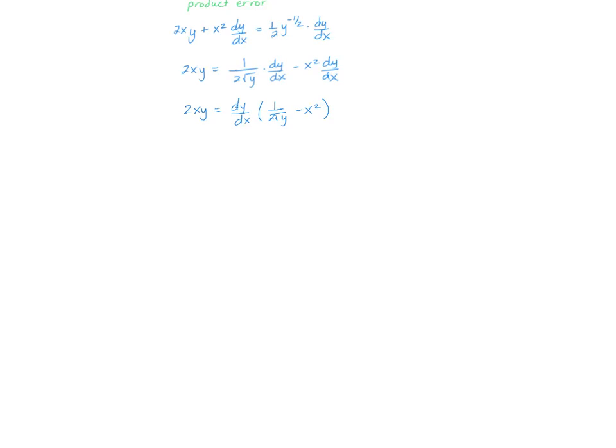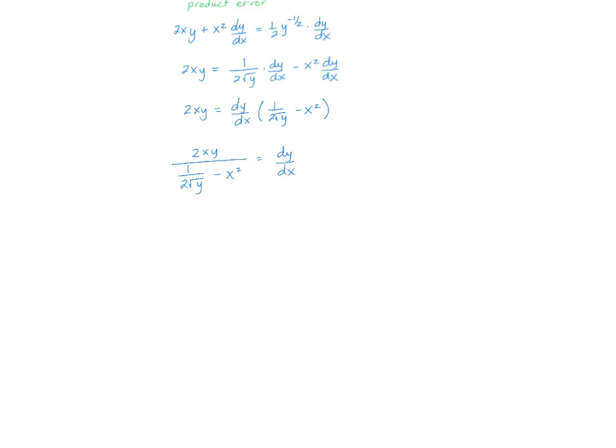The last step would be to divide both sides by 1/2 square root of y minus x squared to get 2xy divided by 1/2 times the square root of y minus x squared equal to dy dx. Technically, this is not simplified because it's a complex fraction.